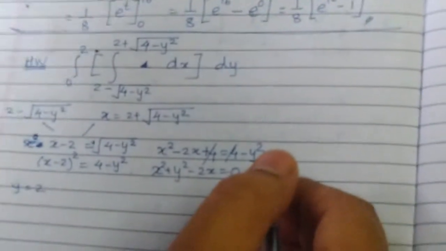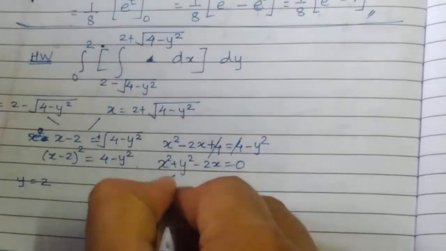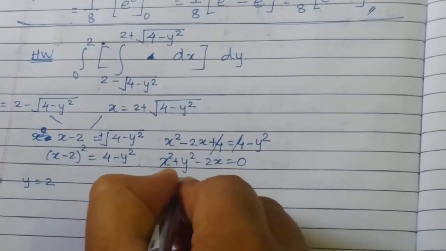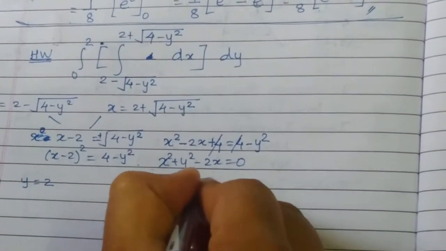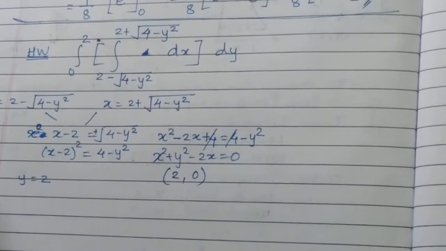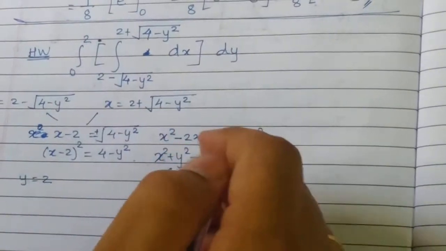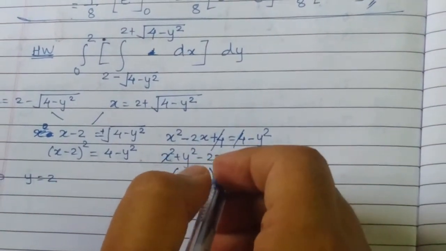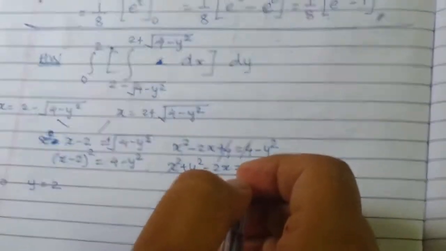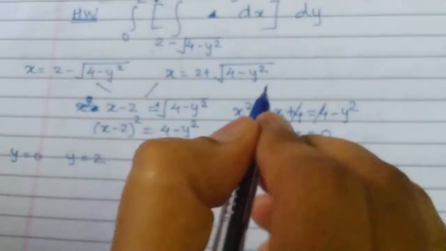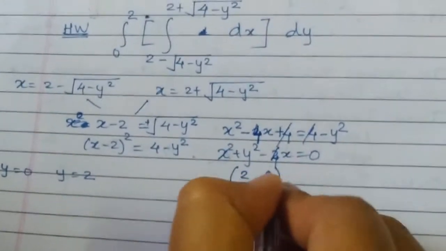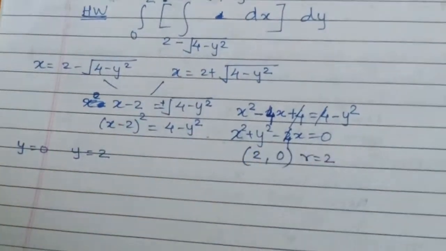Now you can easily understand the center is 2 comma 0, and the radius would be, sorry, I made a mistake here, it is 4x. So this is 4x, the center is 2 comma 0 and the radius will be 2.